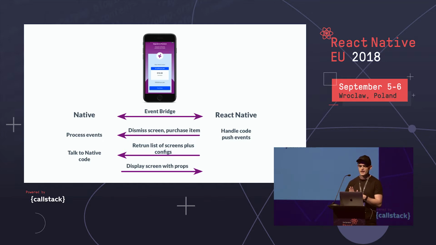React Native, when you interact with the screen by hitting the Close button or the Purchase button, will send strings with JavaScript objects associated with them over the bridge, and these strings and objects will be processed by the native code. When the application starts up, it reads a JSON file that contains a list of all of these screens. This JSON file is generated when you build the application or run a script.